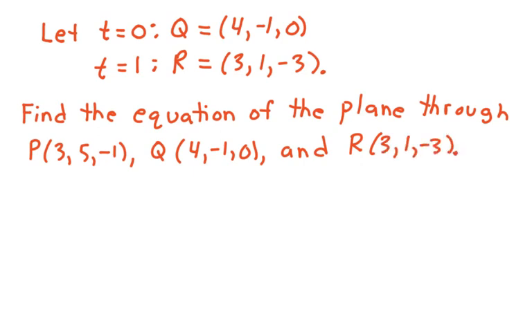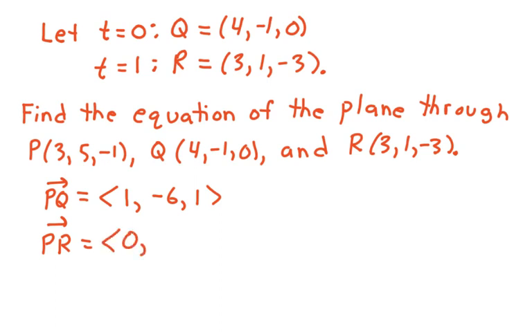And we're going to go through the same steps. So I'm going to look at PQ. PQ is the vector, let's see, 1, negative 6, 1. PR is the vector 0, negative 4, negative 2.